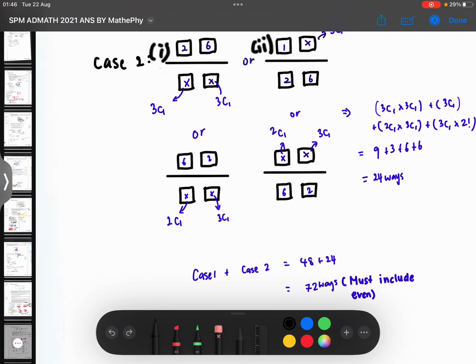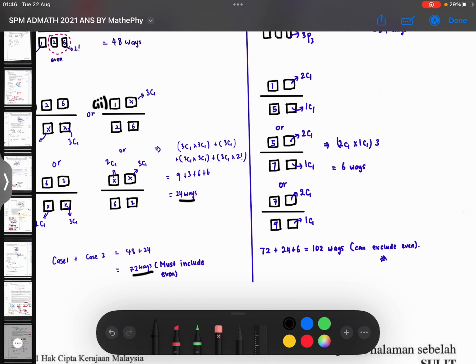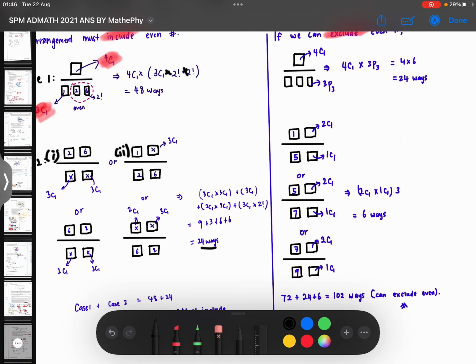You just add the first case and second case, you get 72 ways. So this is for the consideration if we include an even number. When we exclude the even number, actually it is not so hard.